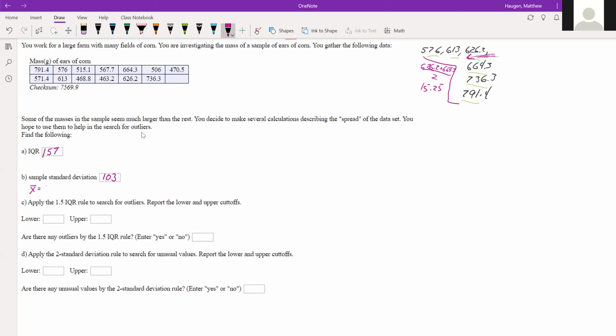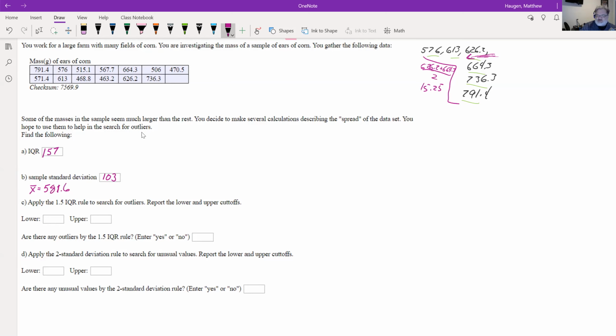Oh, on the mean. 103 is your standard deviation, and your mean, 588, I think it was. 581.6, so 582. So I'm going to go with the 0.6 for right now, just to keep some decimals. Okay. So again, we're going to need that later, so we have to have that.